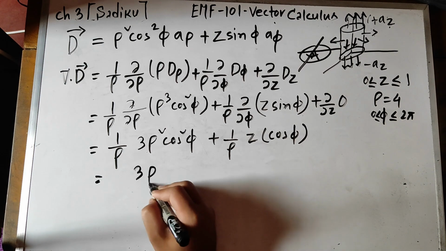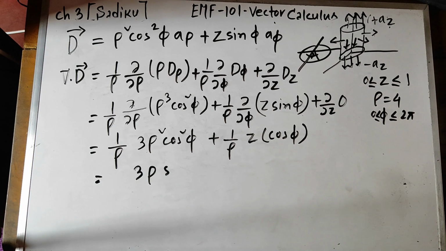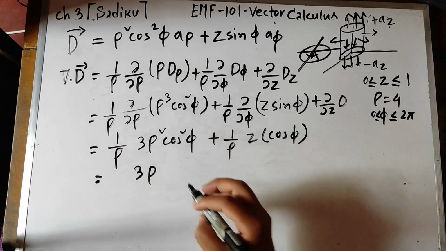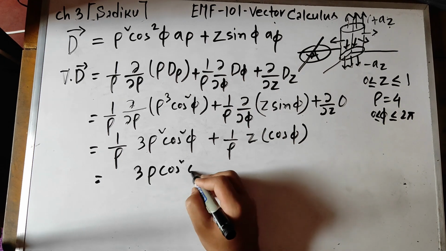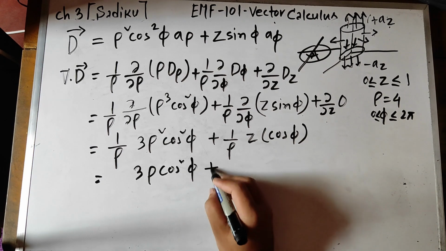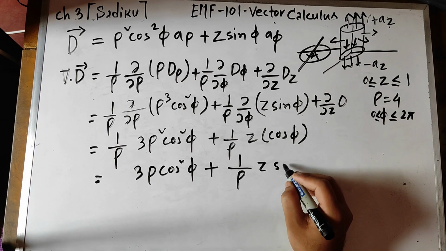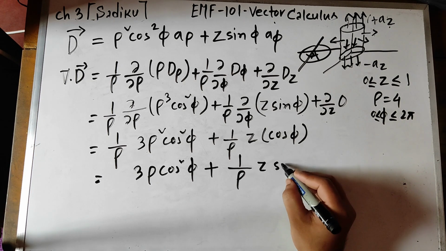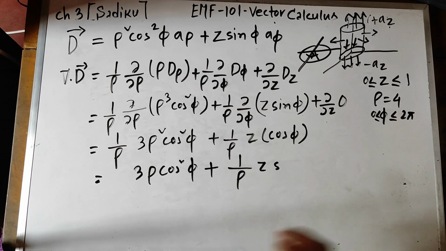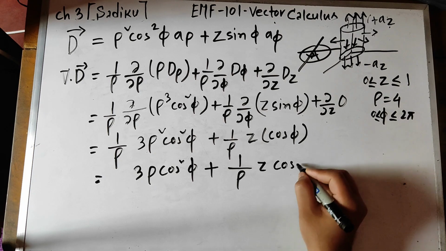So the divergence is 3 rho cos square phi plus 1 by rho z cos phi.